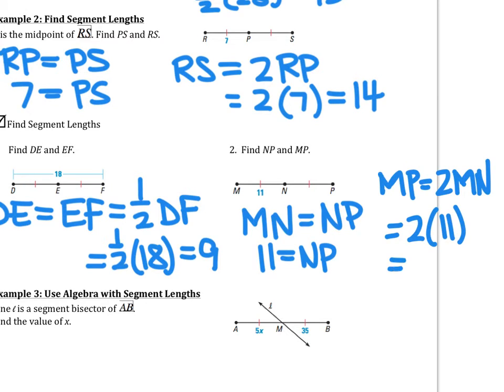The second one, you know that MN equals NP, and since MN is 11, NP is 11. And you also know that MP is twice the length of MN, so 2 times 11 is 22.